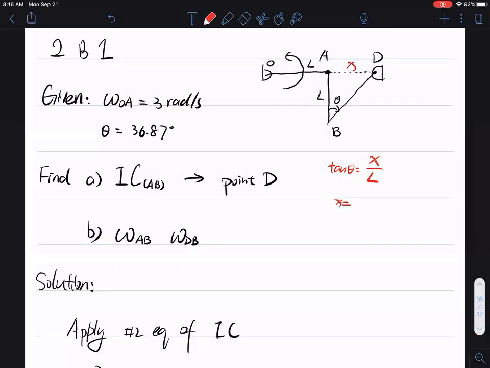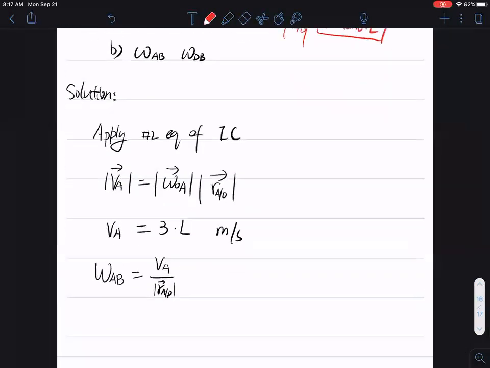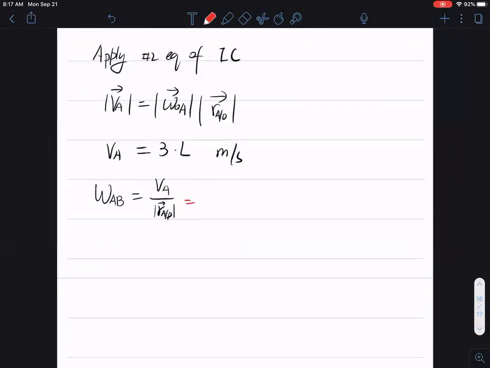Well, that would tell you X equals tangent theta L. Okay, that's the distance from A to D. So let's grab that back to here. VA divided by tangent theta L.